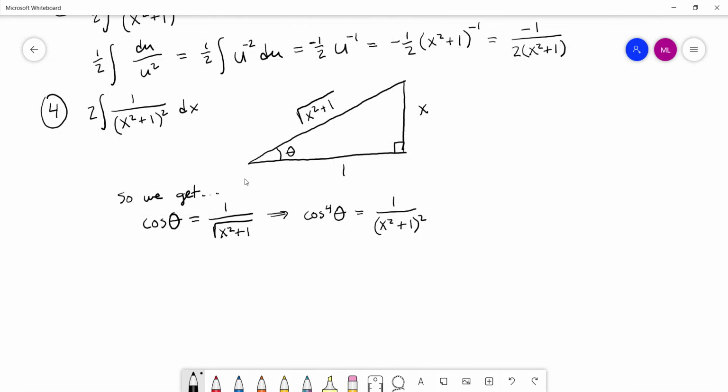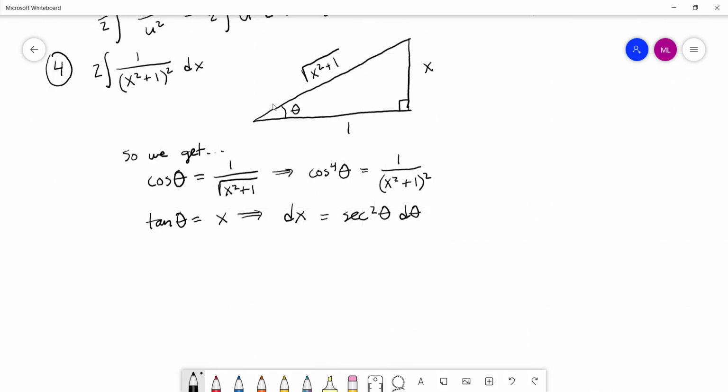And similarly, if I take the tangent of theta, I can get what x is, and that tells me that dx is going to be secant squared of theta d theta. And that gives me the pieces that we need.